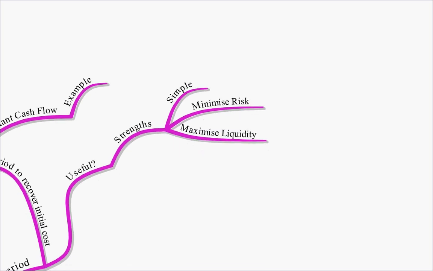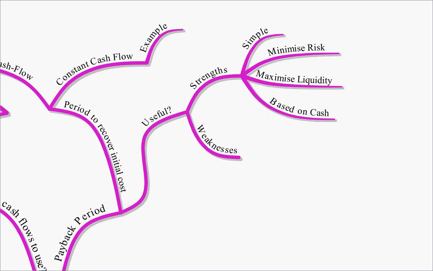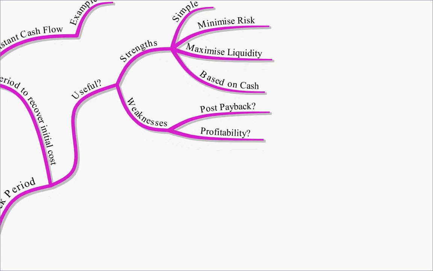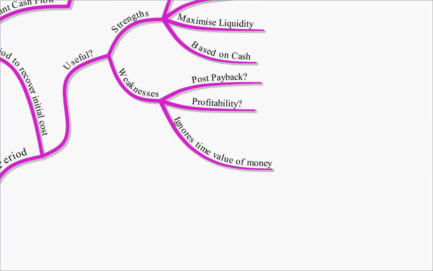It maximises liquidity because again you're recovering that investment as quickly as you can. And it's based on cash rather than accounting profits. Any weaknesses then? Well, what do you do after the payback? Are there future cash flows after that? Who knows? The payback doesn't allow for that. Profitability, we don't really know. Again, we're just concentrating in payback on getting our investment back. And it ignores the time value of money.